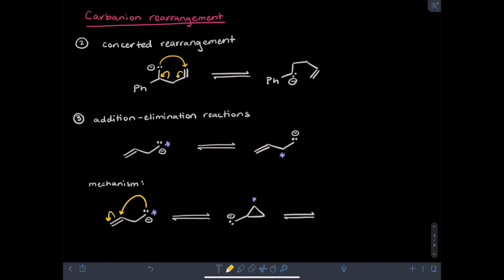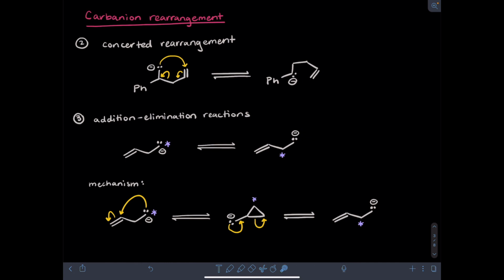So I'll have 2 curved arrows again, one bringing the lone pair down, and now I'm going to break the carbon-carbon bond to the carbon that is not the carbon-13 position. And this second step would generate that other carbanion product.